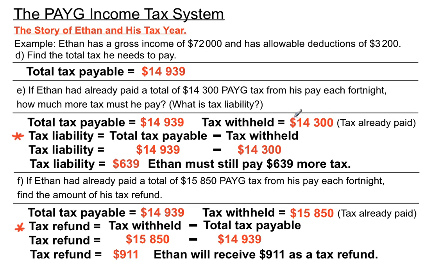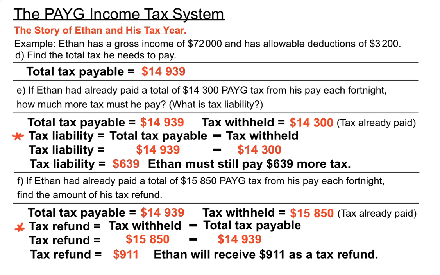Comparing how much he's paid already compared to how much he should pay, you should be able to figure out whether he has a debt still or a liability to the tax department, or whether he's up for a nice juicy refund. Quite a lot of calculations there, but all we used really were the answers to previous sections of the question. So set your work out nice and clearly, and you shouldn't be having too much trouble.